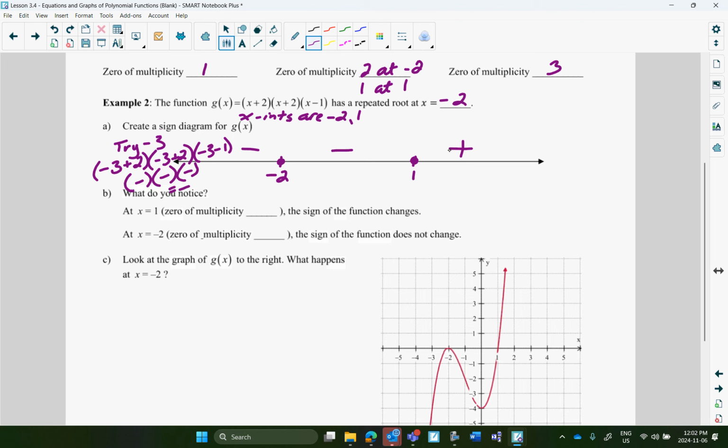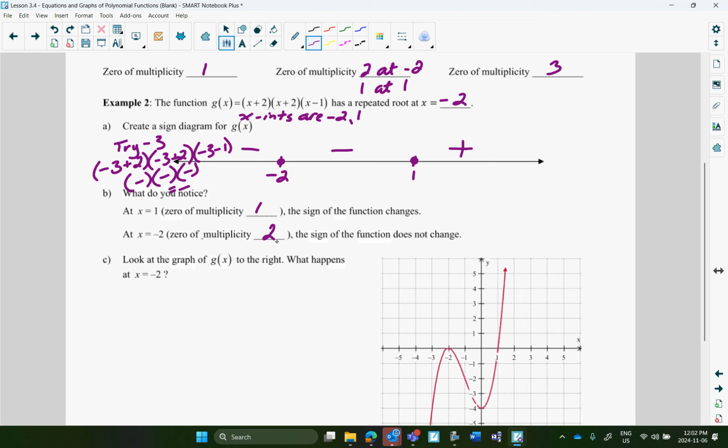So when we have multiplicity 1, the sign doesn't change. It doesn't go from positive to negative or negative to positive. However, if it's multiplicity 2, it bounces, which means it stays below at negative or stays above at positive, depending on the question. Right?